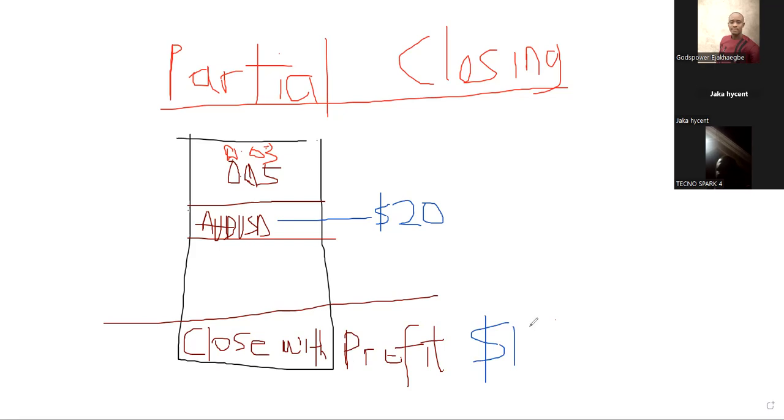Because you have reduced your lot size to 0.03, at the bottom it says close with profit, $12. You just go there and click on close.